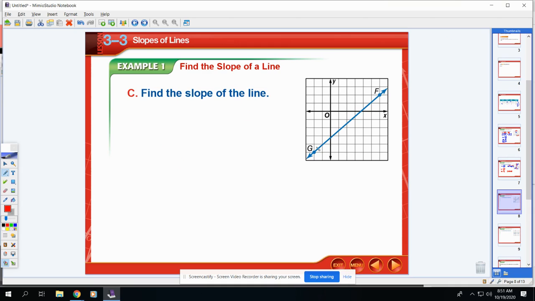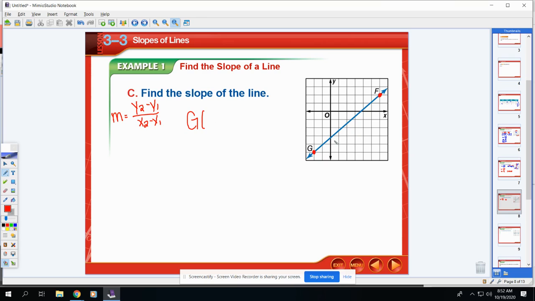All right, next example here, we've got G and F. If we want to predict what this slope is, I would say that this is going to be a positive slope, just judging by the fact that it goes uphill. So let's go ahead and write down our points here.